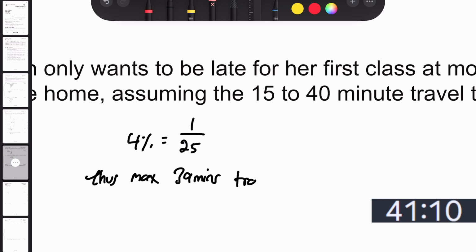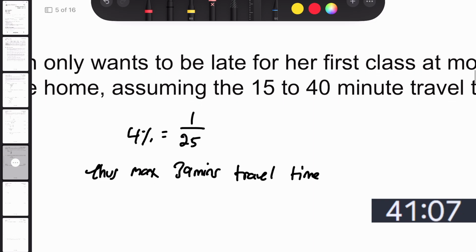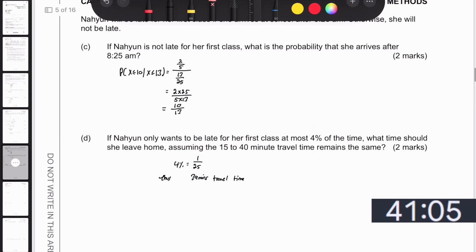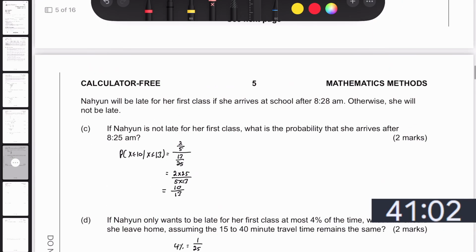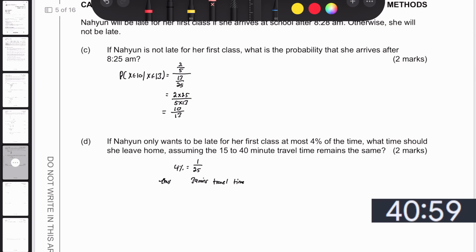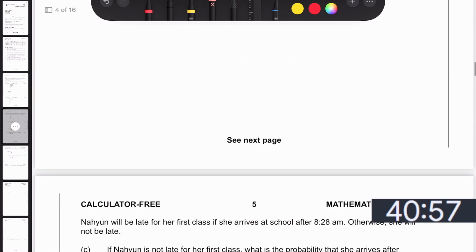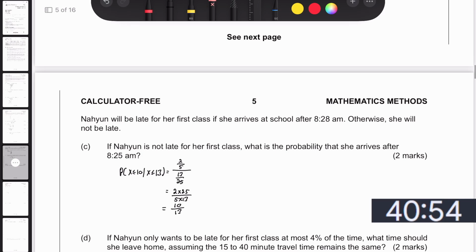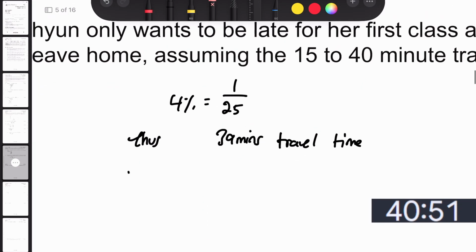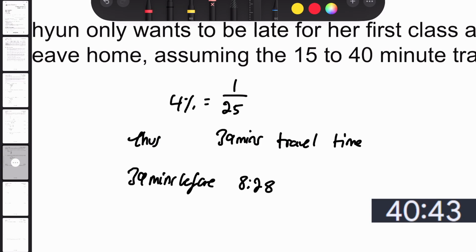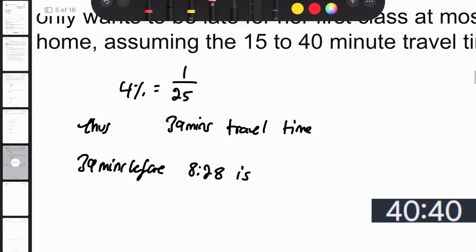Let's max 39 travel time. Maybe maximum is not the best name. So then it needs to be 39 minutes before 8:28. So she should leave 39 minutes before 8:28, which is, let's see, 28, and then I have 11, so it's going to be 7:49 a.m. That was correct.